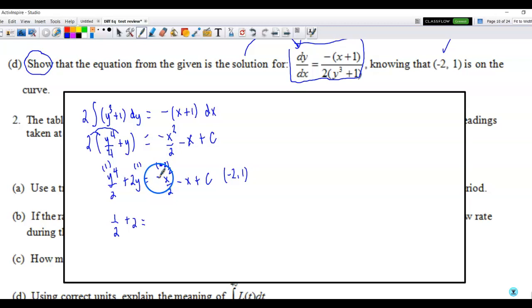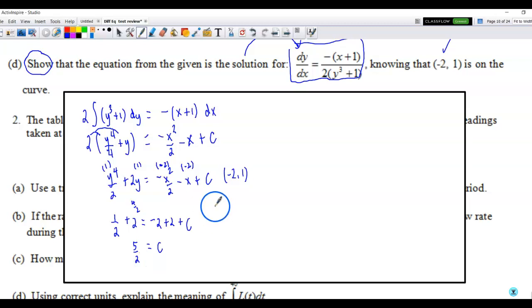There's a negative in front of that, so that's negative 4 divided by 2, which is negative 2. When I substitute a negative 2 in place of this x, the opposite of negative 2 is positive 2. So those are going to subtract out, and that leaves me with c on the left-hand side. On the right-hand side, if I change 2 into a fraction with a denominator of 2, that becomes 4 over 2, plus 1 gives me 5 over 2.